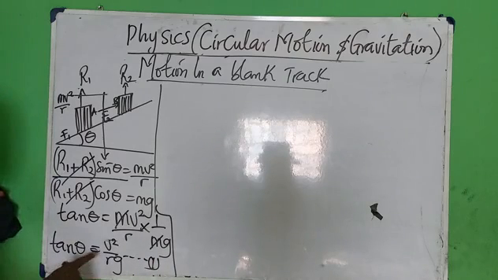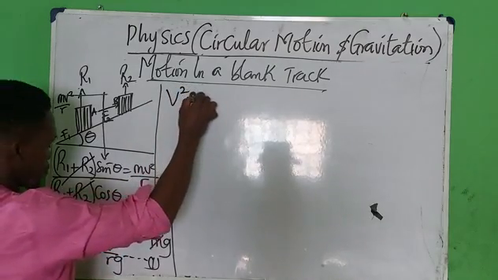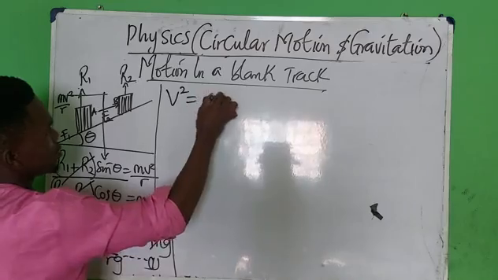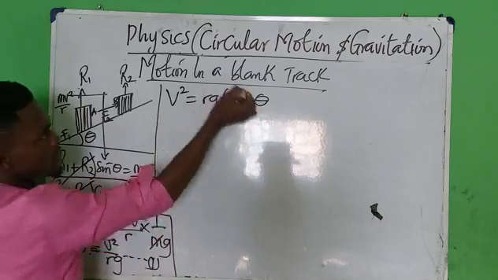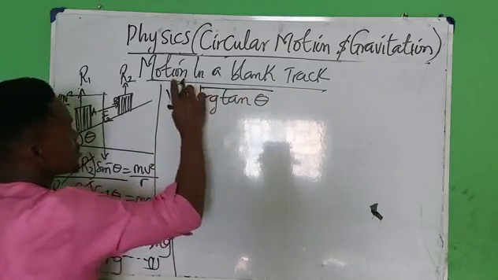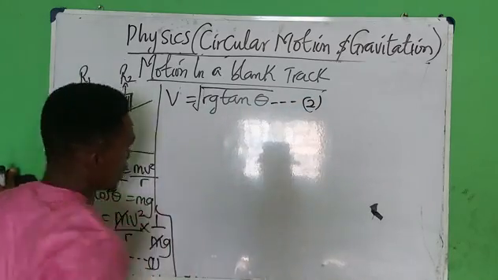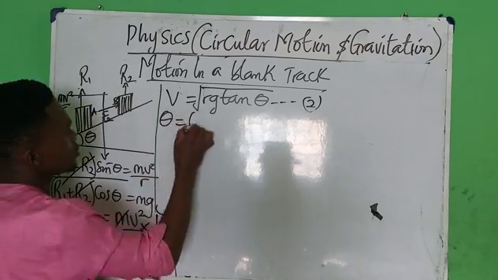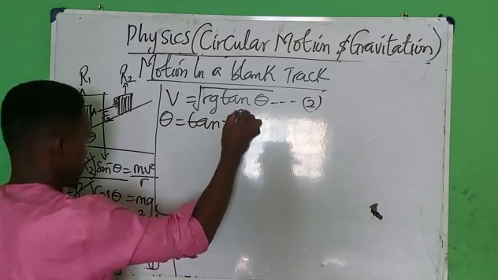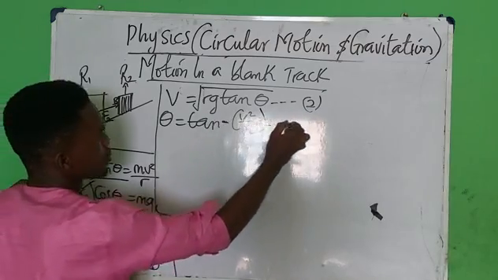However, if I make v squared the subject of the formula, it becomes v squared equals rg tan theta. I'll make this equation 2. If I want to do the tan inverse of this, I'll be having theta equals tan inverse of v squared over rg. So this is equation 3.